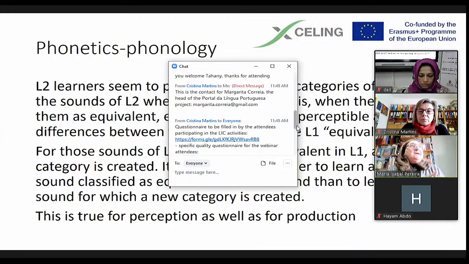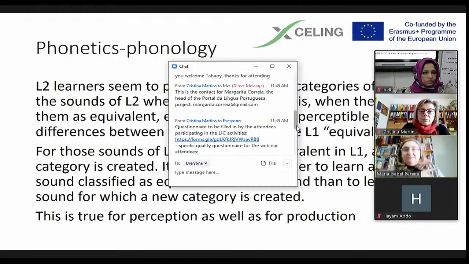And that's why you can hear Portuguese speakers of English, for instance, articulating the interdental th of English as d, the dental correspondent sound of Portuguese.